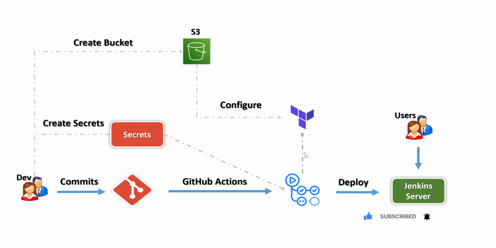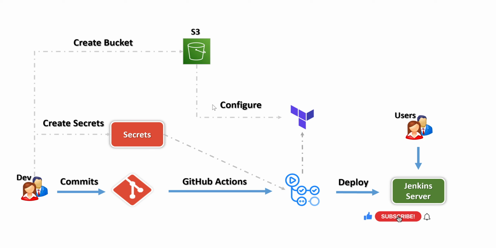Of course, you have to install Terraform, and also you have to configure AWS inside your Terraform main.tf file. And then you have to run the terraform init, plan, and apply commands in order to create an EC2 instance, install Docker, and deploy a Jenkins container.